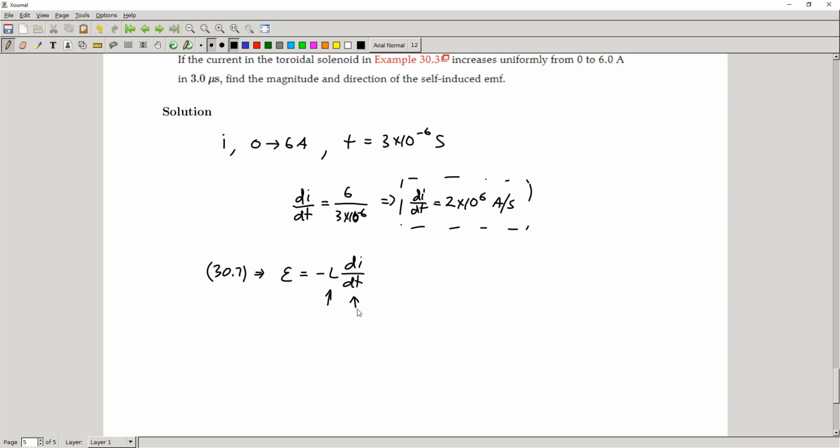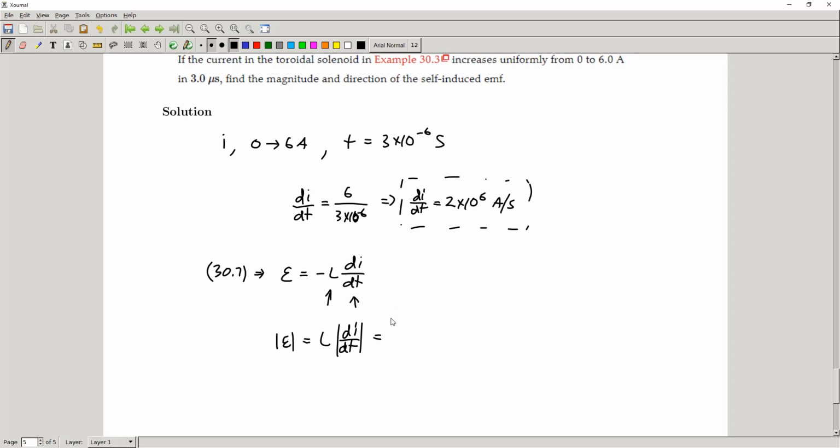We're only going to be interested in the magnitude of our EMF. We could use Lenz's law to determine the direction, so I'll talk about that briefly in a second. But if we just want the magnitude, we can just write it down like this, L di dt, and we can simply calculate it.